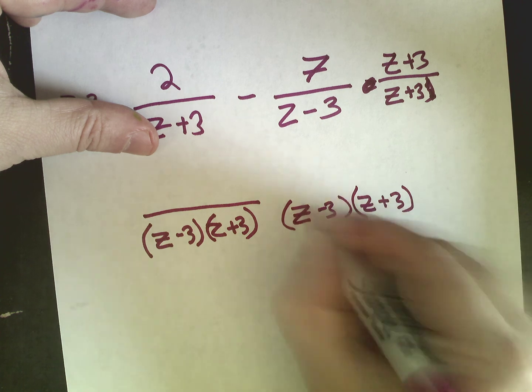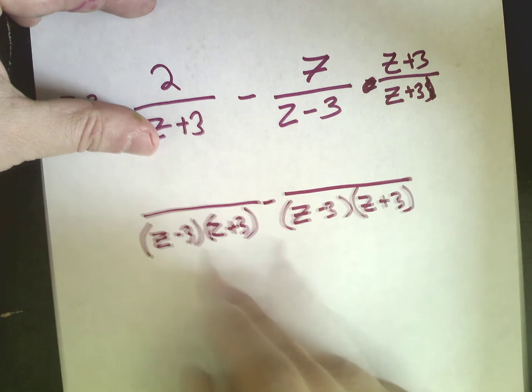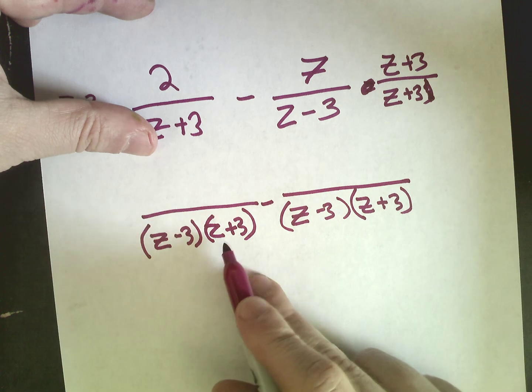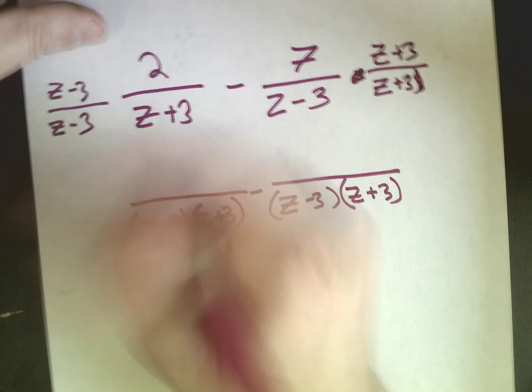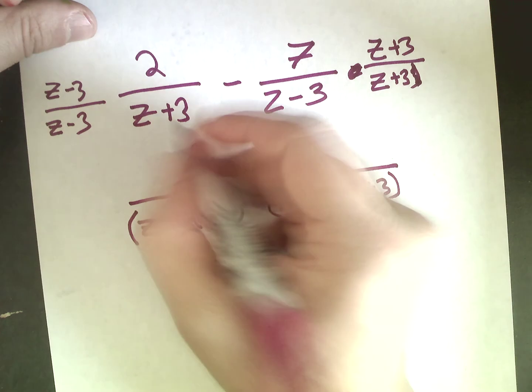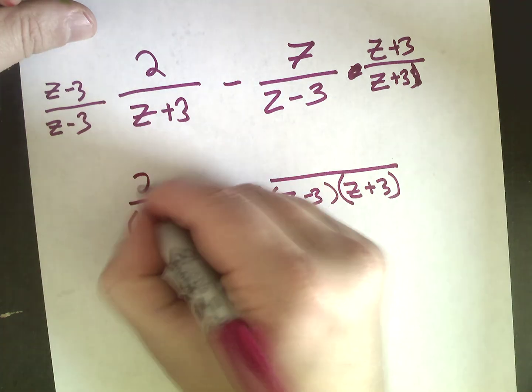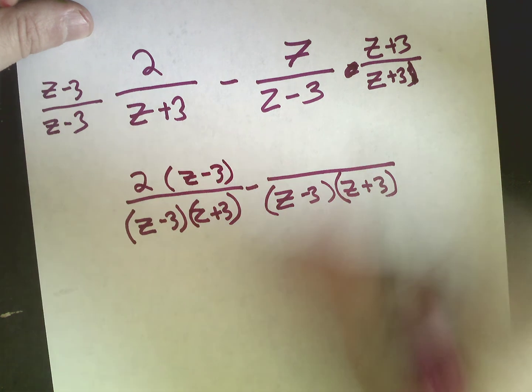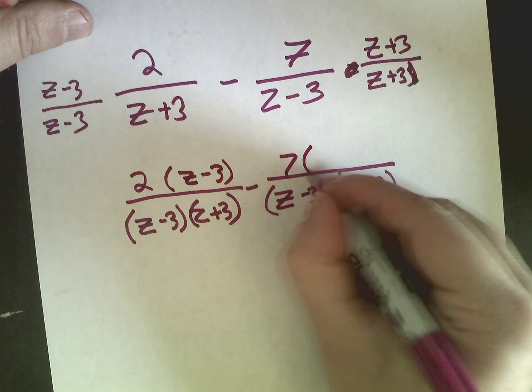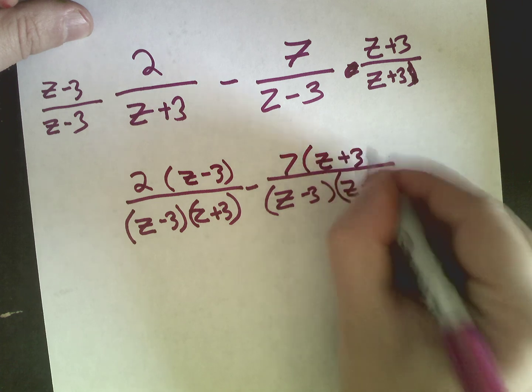Now it's messy, but the one thing I can see is I have the same denominators on the bottom. Now I have to multiply the top numbers. Here I have to do 2 times z minus 3, and here I have to do 7 times z plus 3.